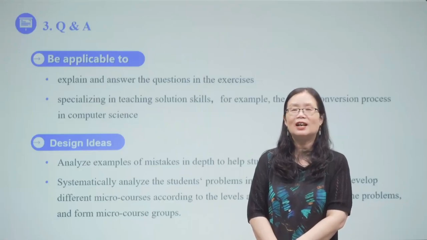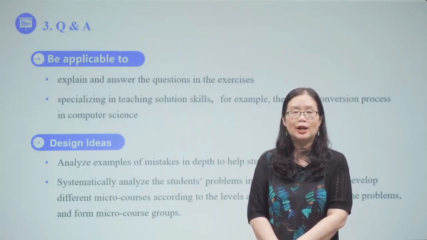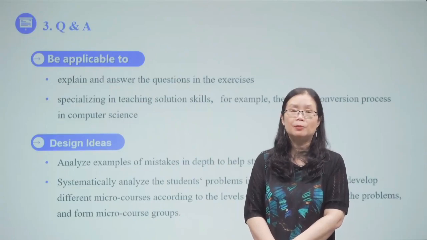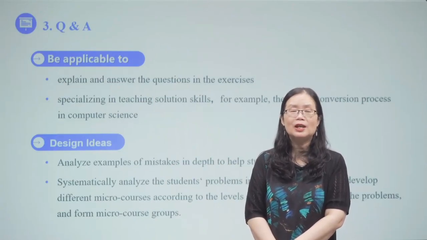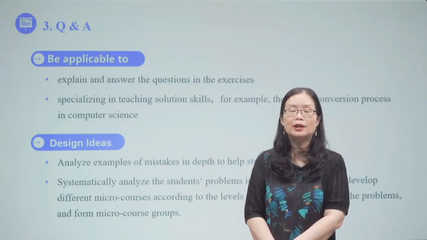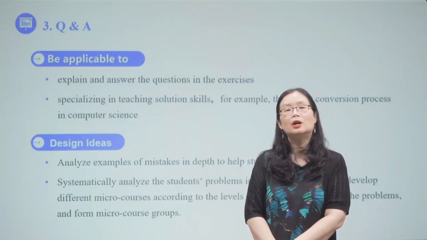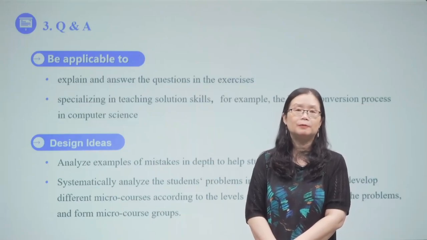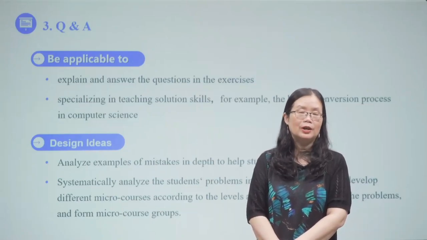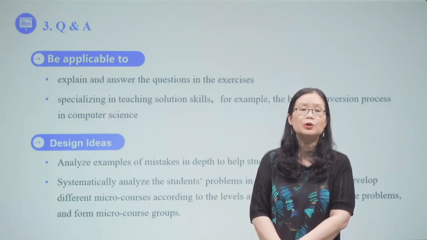The third kind of microcourse is Q&A. I think everyone is familiar with this. When students have questions, they will show their questions in any way, and we give them answers. Sometimes we, as teachers, will edit the questions ourselves and then give answers to make sure students can use it more easily.